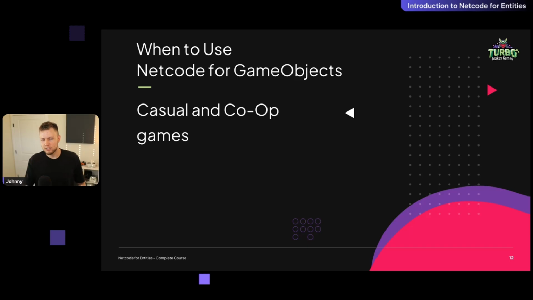It is typically geared more towards casual and cooperative games. In these games you don't necessarily need any really amazing full client prediction. Or maybe cheating isn't as big of an issue in these types of games.